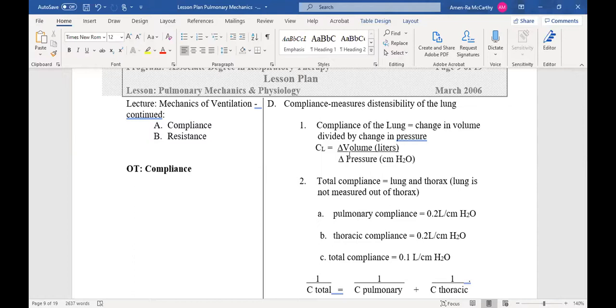Now, if you notice in your module, I have two whiteboards that I took a picture of so I wouldn't have to keep doing them over and over again.